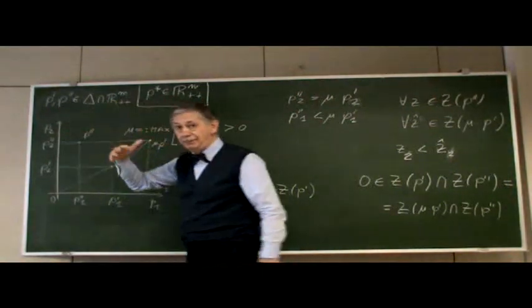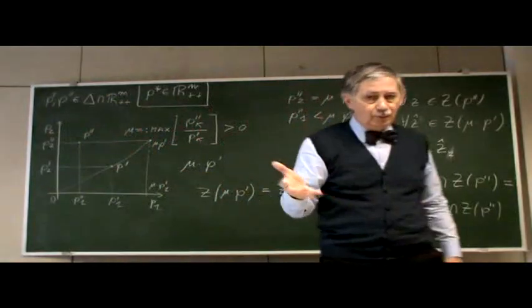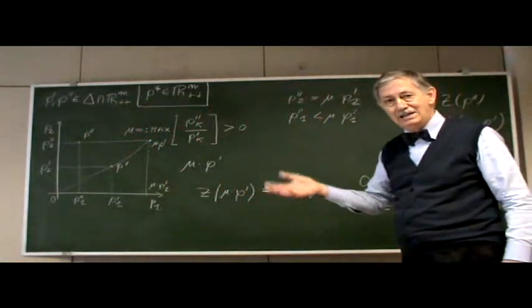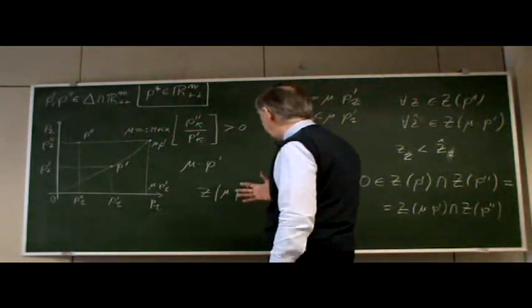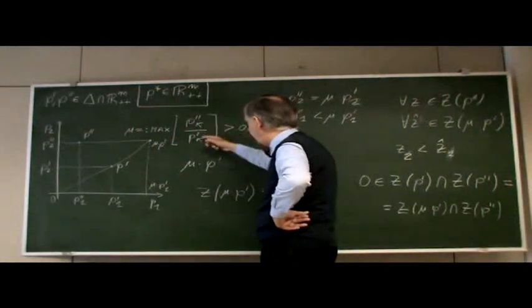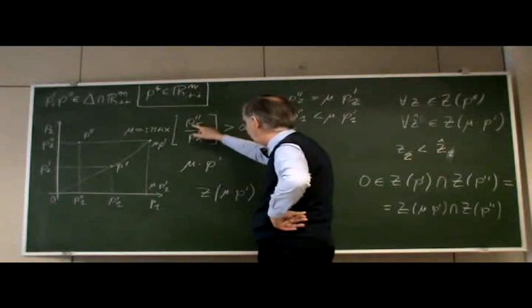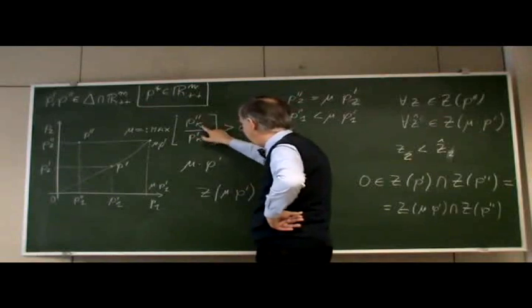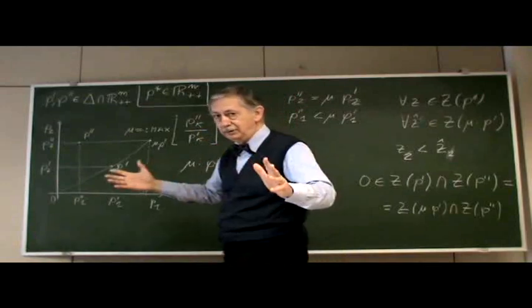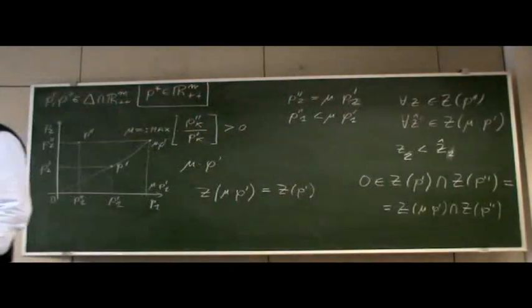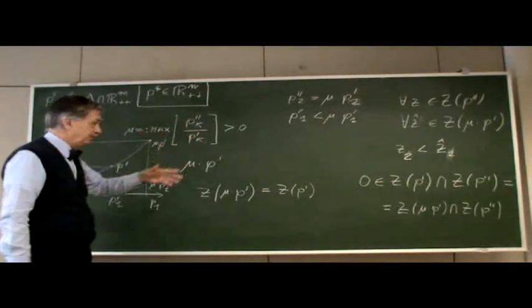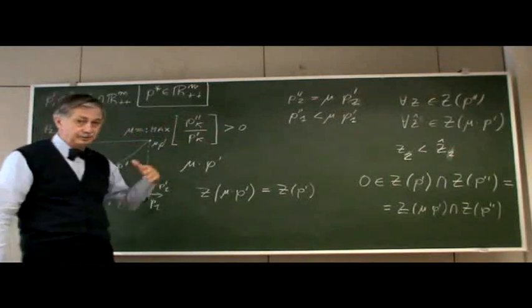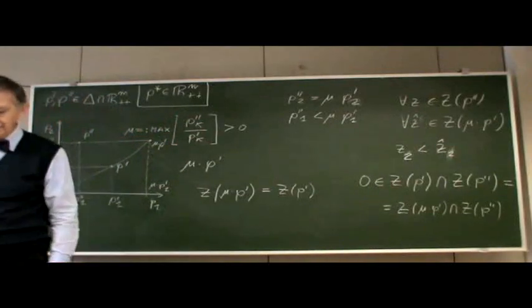Remember by our previous lemma that both vectors have all positive components. So we are able to compute these ratios, P double prime K on P prime K for every good, because all these prices are positive. Consider the maximum value of these different ratios and denote it by mu, which is a positive number.